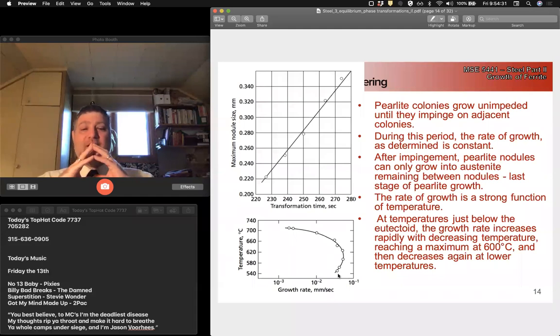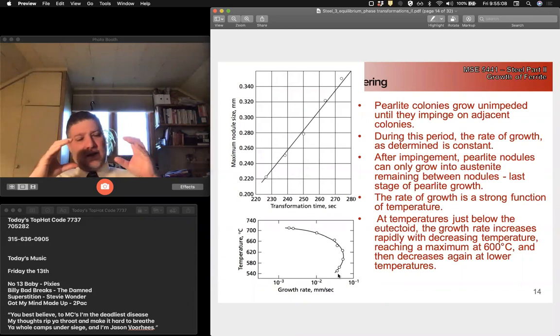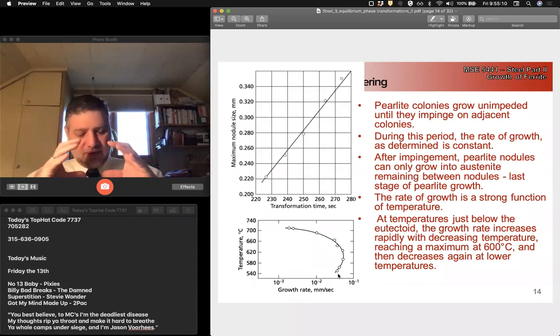Right? At lower temperatures, slightly larger undercoolings, we are going to have greater degree of nucleation, right? I've got to be careful how I say this.